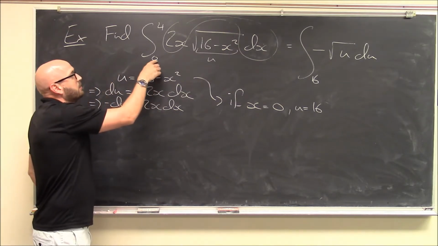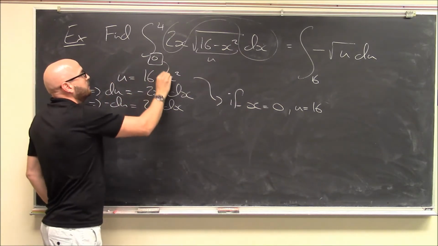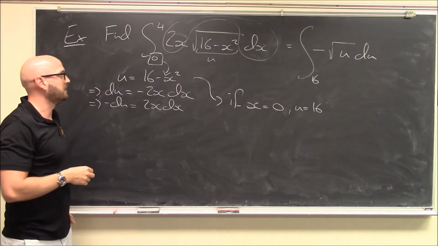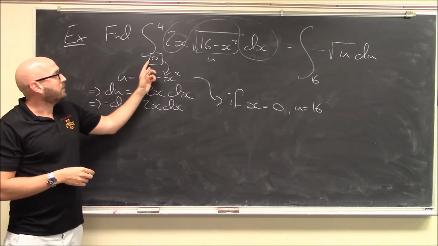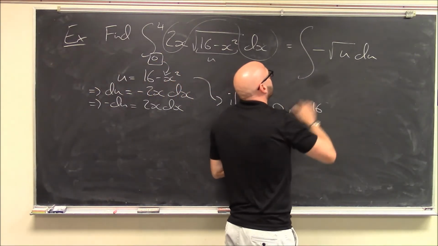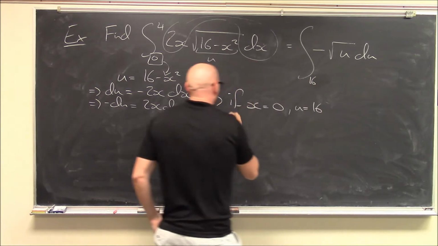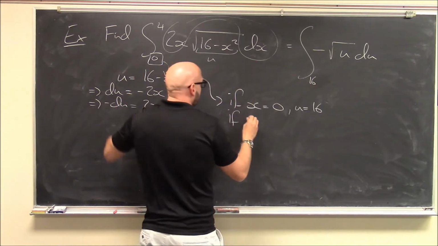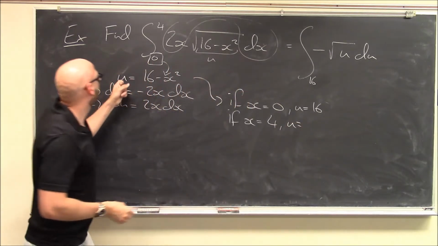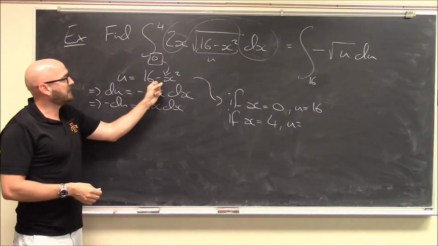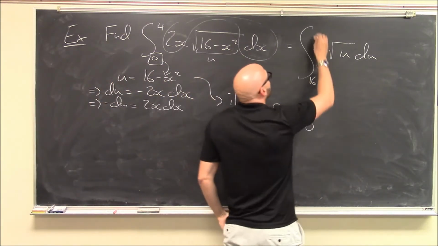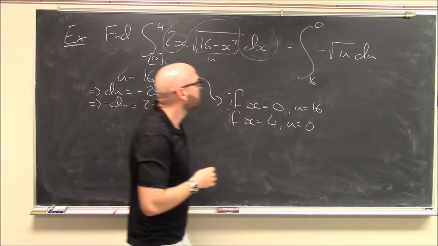So plug in your lower bound, 0, into your function, u is whatever function of x, and whatever number you get as your output, that's your new lower bound on u, so 16. And similarly, upper bounds, if x is 4, u is what? If x is 4, u is 16 minus 16 is 0. So my upper bound is 0.